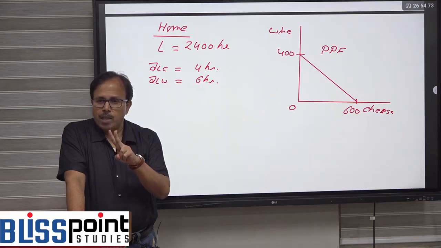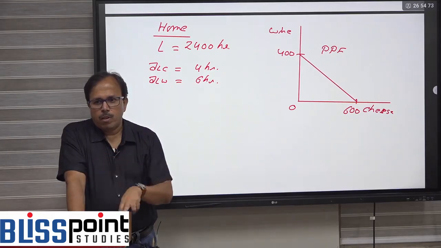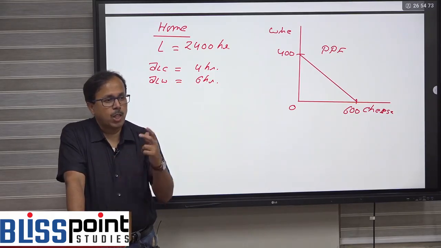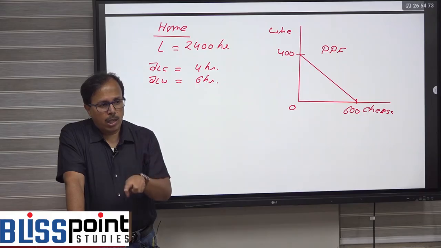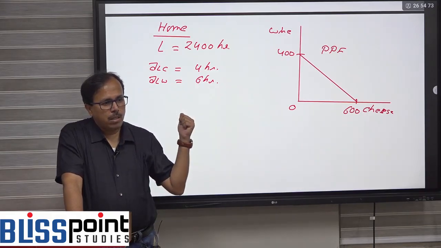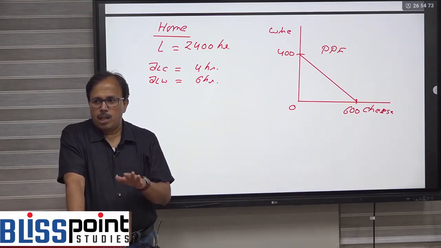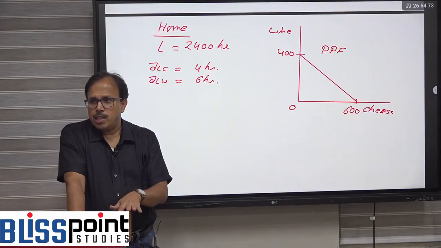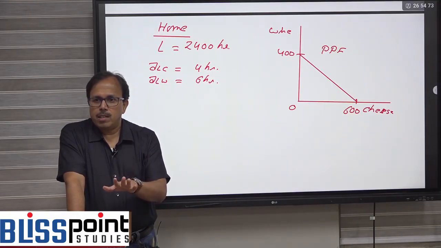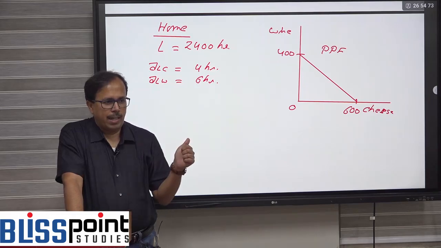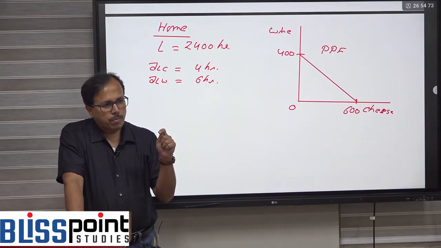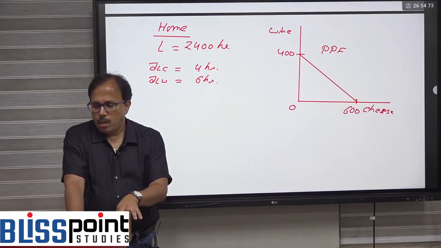If you are dealing with 2 factors, it will become concave. That means in the HO model it will become concave. In the Ricardian model it will be a straight line. Constant opportunity cost, straight line. Rising opportunity cost, concave to the origin.